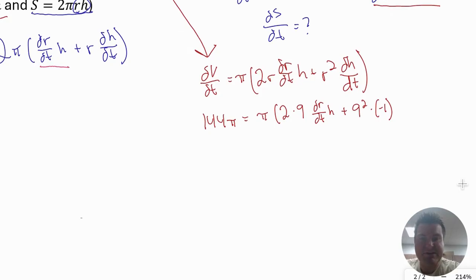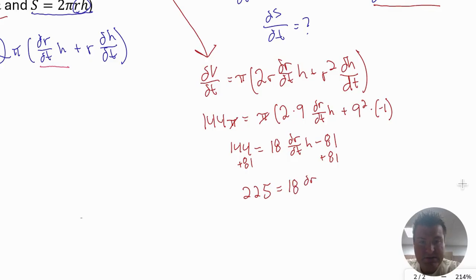I'm going to divide both sides by pi here. Really, I can just cancel them out, and I'm going to get 144 equals 18 dr/dt h. And then I'm going to have 81 times -1, so minus 81. Add 81 to both sides. I'm going to end up with 225 equals 18 dr/dt times h.